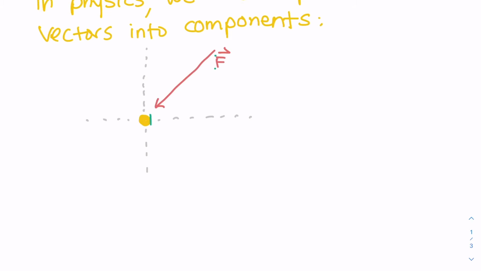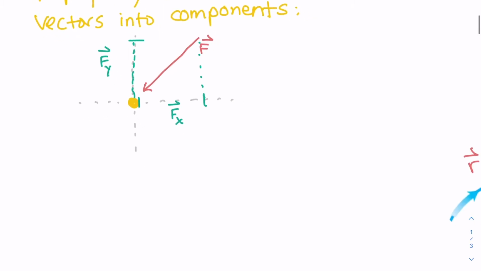So here we would have the x component of force, and then this would be the y component of the force. And so that could tell us how the force is going to move this particle. And so that's breaking it up onto the global coordinate system, the x and y axes.